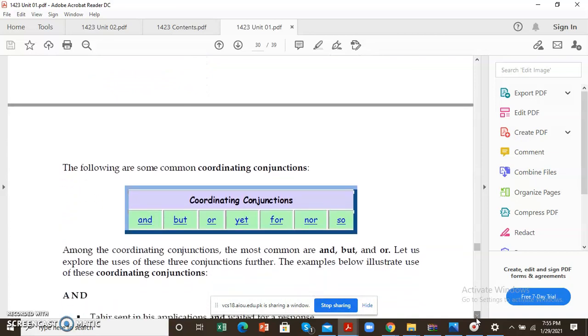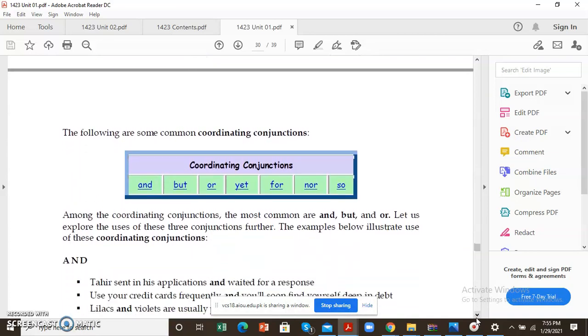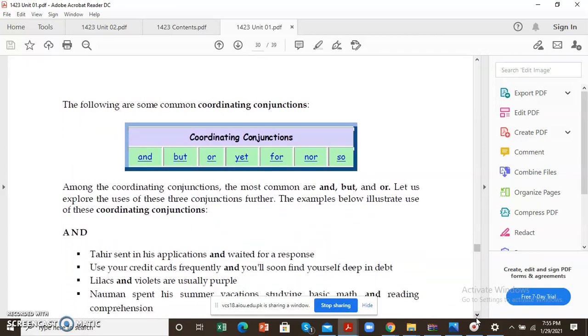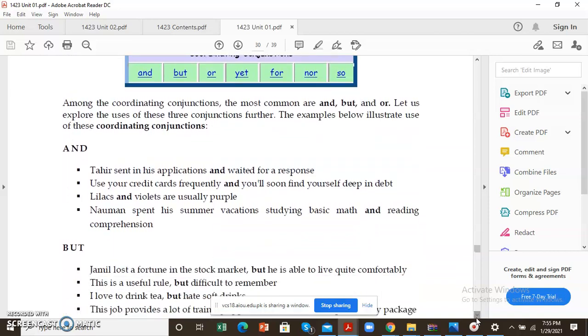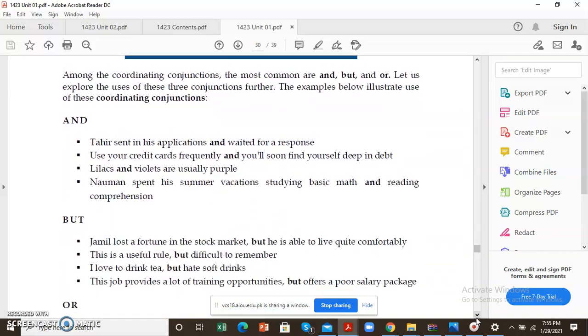The following are some common coordinating conjunctions: and, but, or, yet, for, nor, so. These are all taken up as coordinating conjunctions. Among the coordinating conjunctions, the most common are and, but, and or. These are definitely very popular.